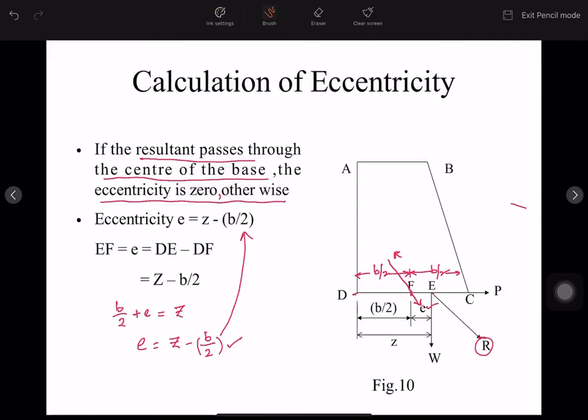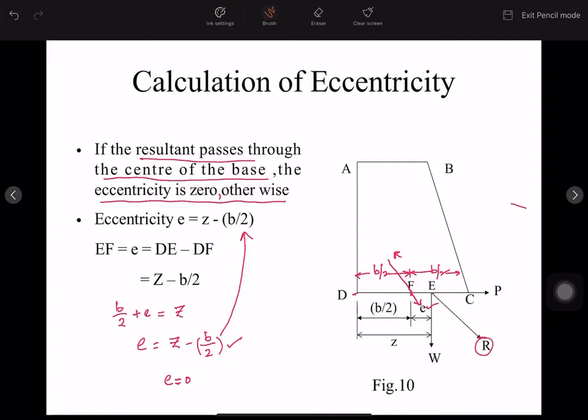If E equals 0, under this condition there won't be any turning effect on the dam.